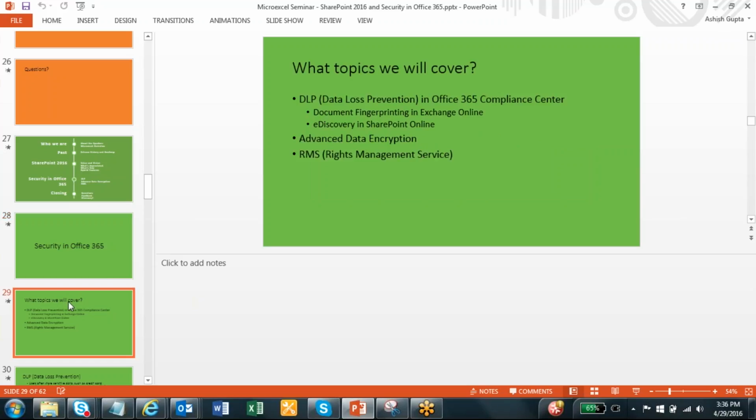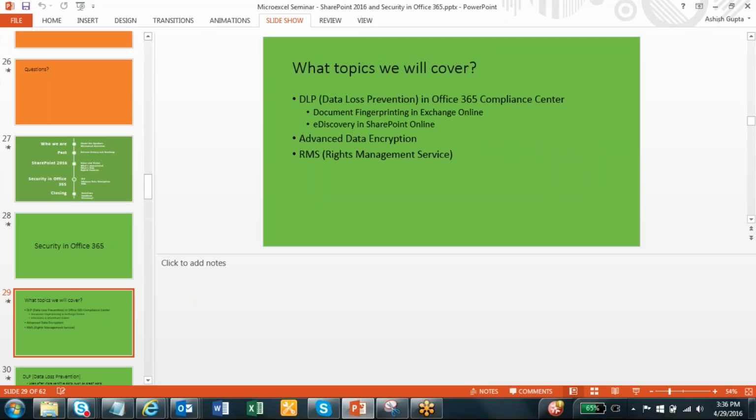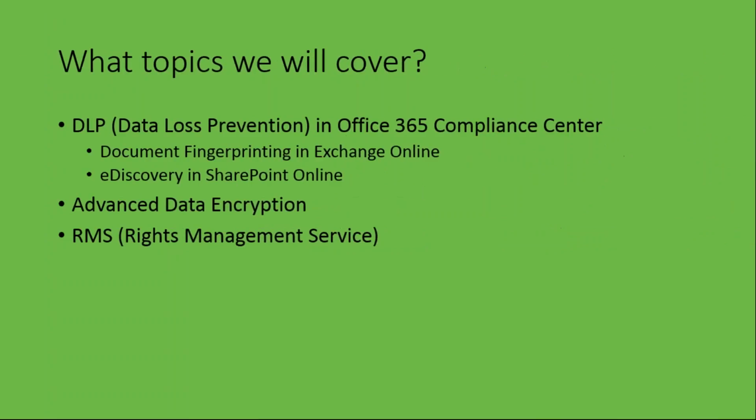So let's have a quick look at what topics we will cover. First, we will see DLP, which is Data Loss Prevention, and the Office 365 Compliance Center. Under this topic, we will see document fingerprinting in Exchange Online, which means how we can protect our standard documents, which are used in our industry and in our company, from sharing by email.